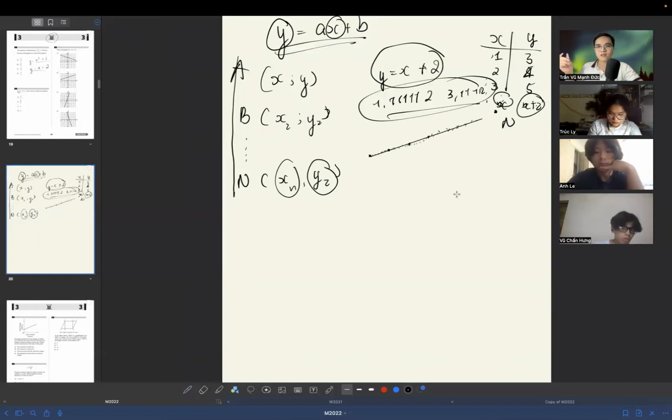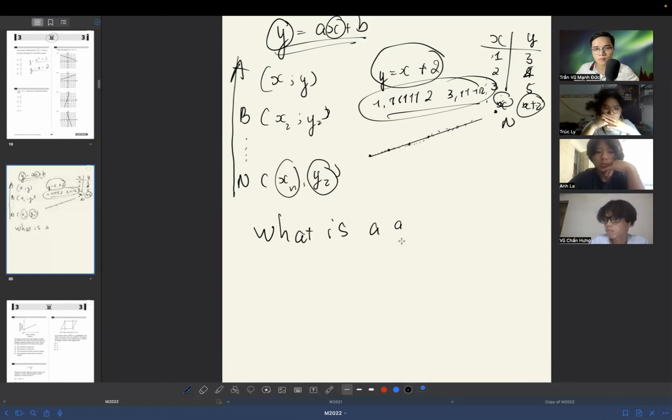See, that's a perfectly straight line. This is a line which is formed from the infinite number of dots that satisfy the equation. So this is essentially what a graph is. What is a graph? You don't need to note this down.